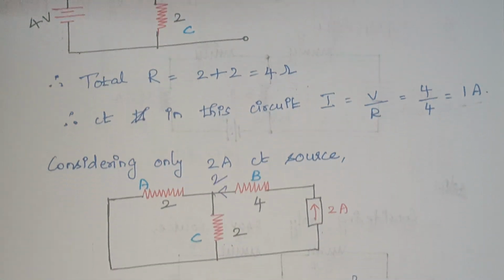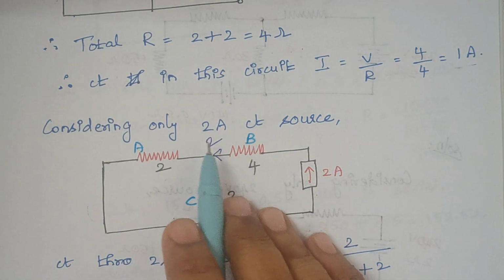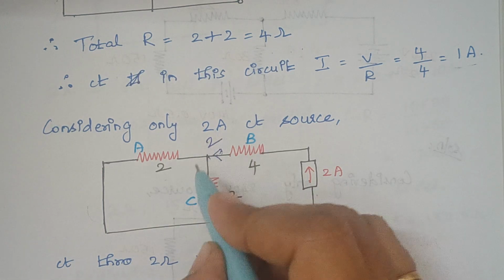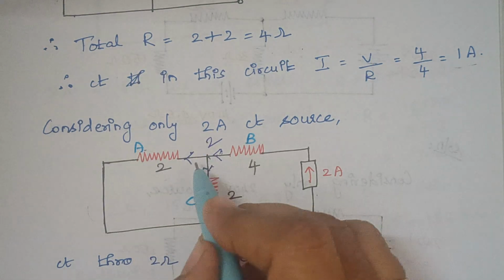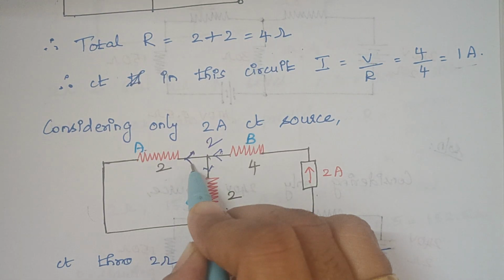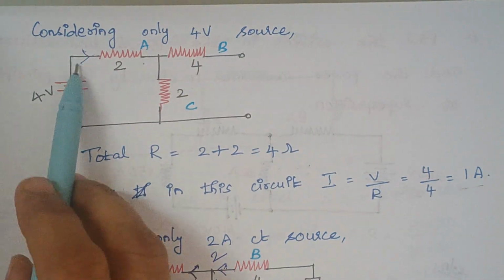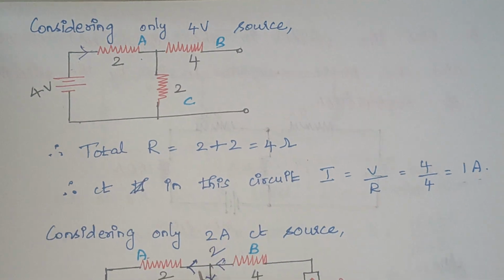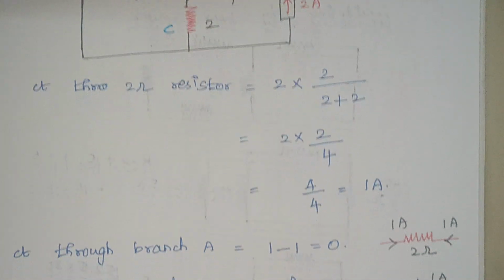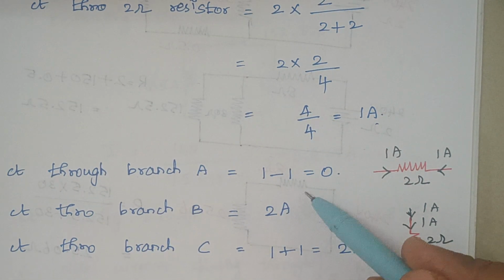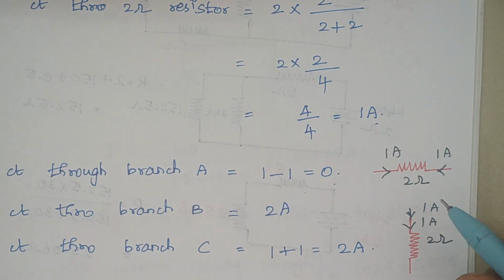Right. Now you consider this circuit. Here the current gets divided like this, right? And through this A part, current flows in this direction, right? So here it flows in this way, whereas here it flows in opposite way. So what happens? You have to subtract. So 1 minus 1, that becomes 0, right?